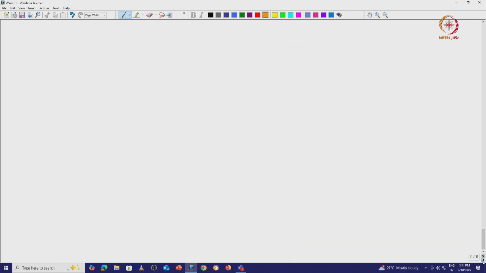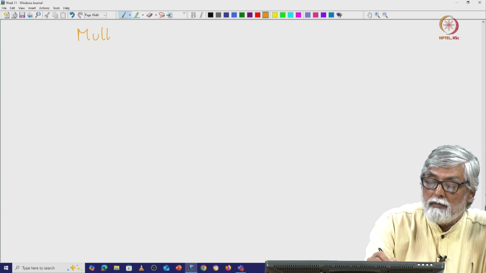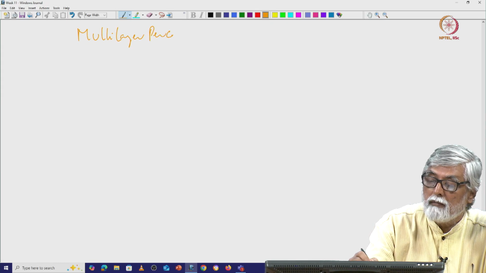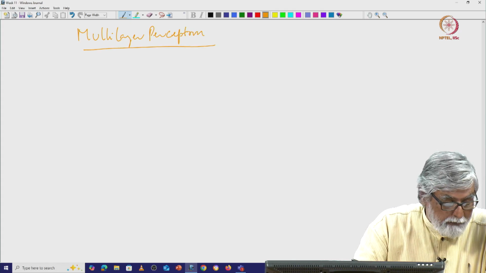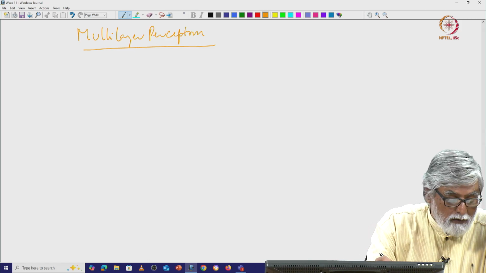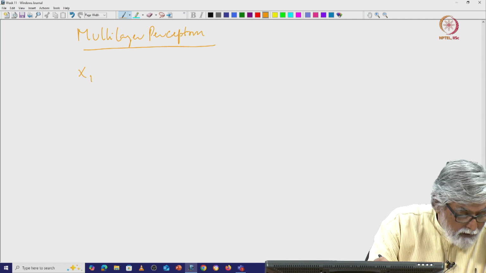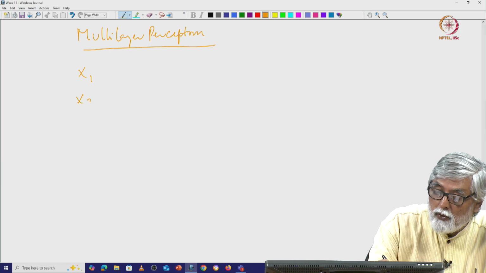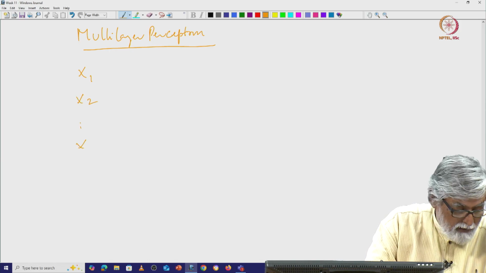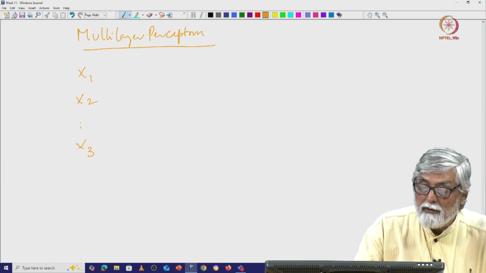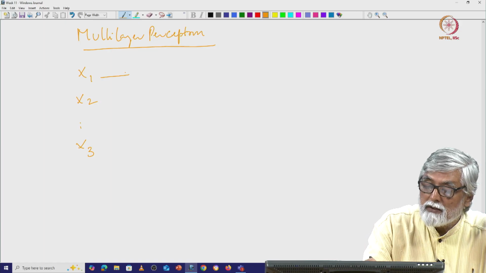So, we will move towards multi-layer perceptron now. So, you have x1, x2, let us just look at 3 inputs x1, x2, x3.